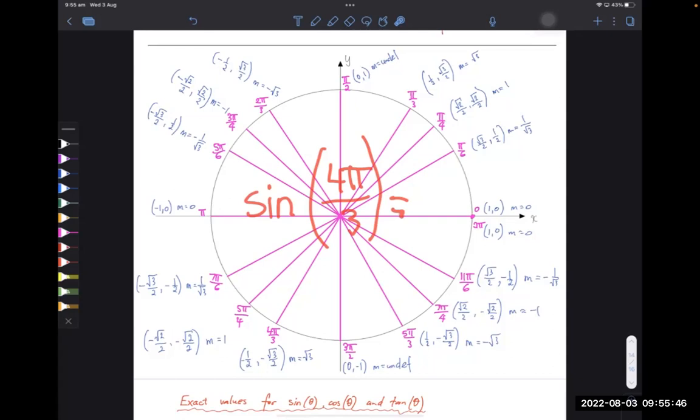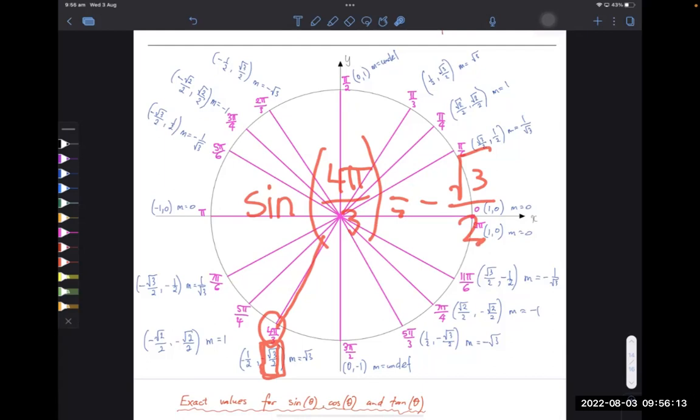What am I looking for? -√3/2. How did I get this? What does sine measure? The y value. Where is 4 pi on 3 located? Right here. So we're looking at 4 pi on 3. We're looking at the y value. It's -√3/2. Yes. Does this make sense?